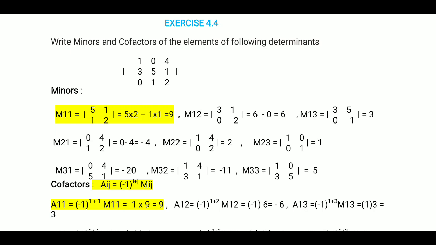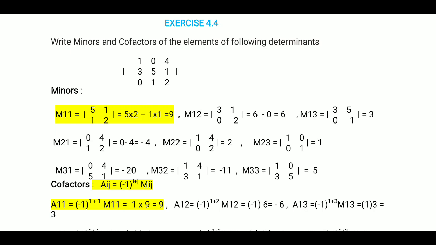If they are eliminated, we get a small determinant having elements 1 4, 0 2. After calculation we get the value 2. Similarly M23, the second row and third column will be eliminated, we get a small determinant containing elements 1 0, 0 1. So the value is 1.